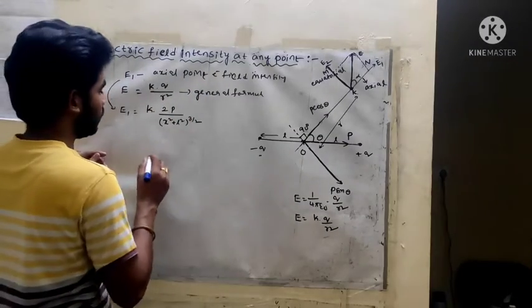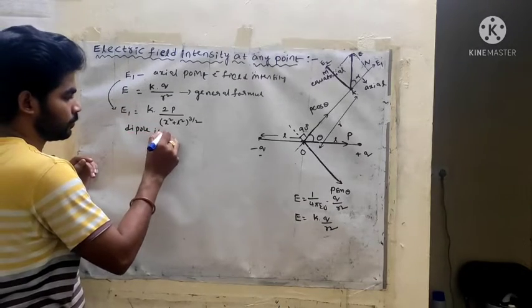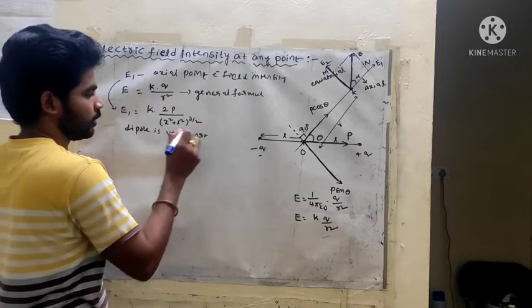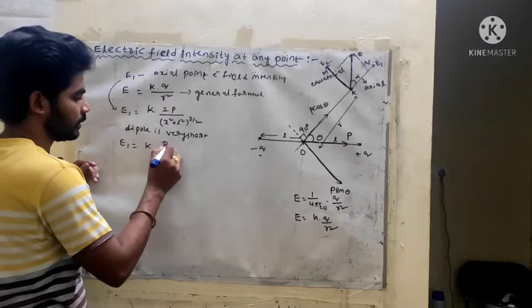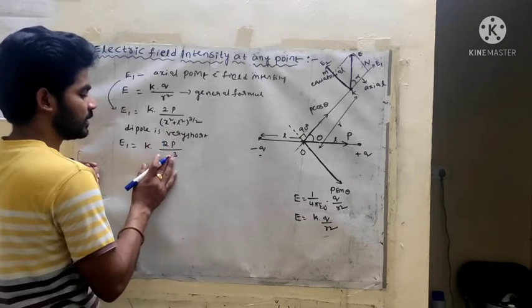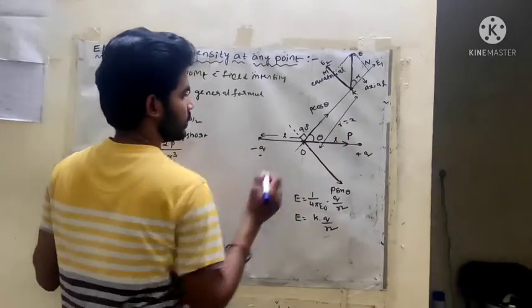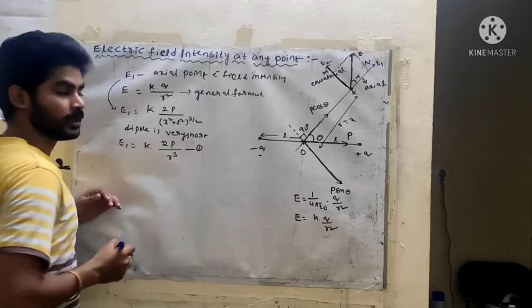So we can write E1 is equal to k into 2p by x cube. Here x is equal to r, so r cube. This is equation 1.